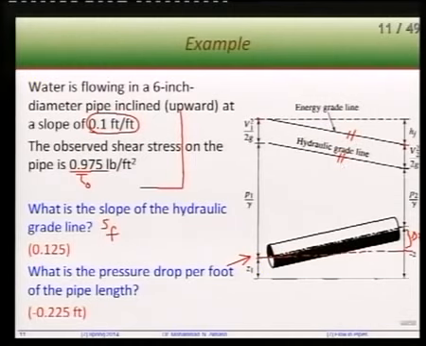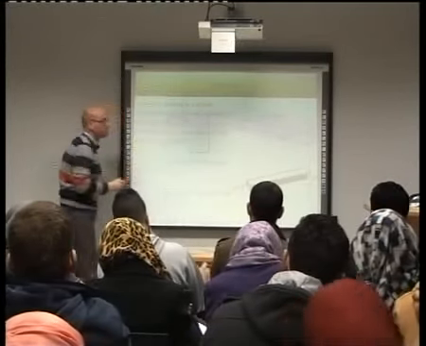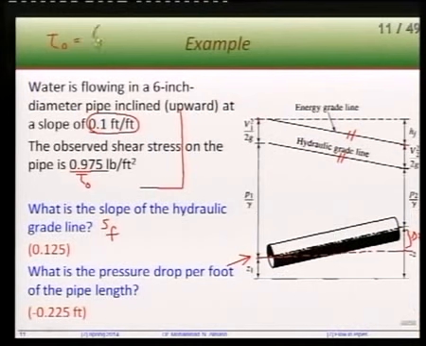Now we have, for example, we know this equation. So SF is equal like that. Now, for tau 0, it is given. So you have that one.